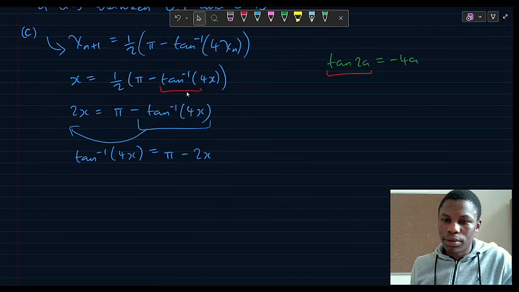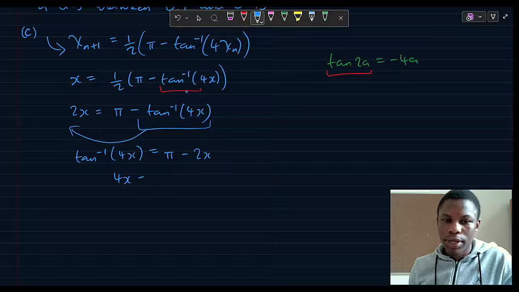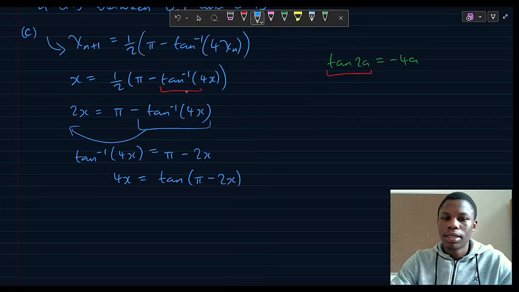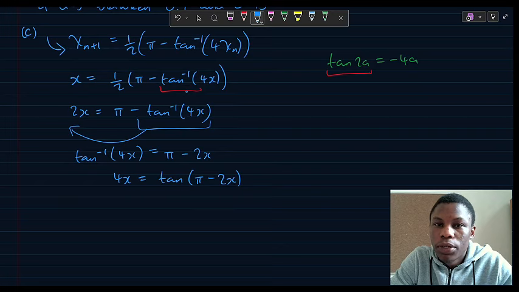Now we apply tan to both sides, so that 4x is equal to tan of pi minus 2x. How nasty from Cambridge. What we can do here is use a compound angle formula to simplify this.